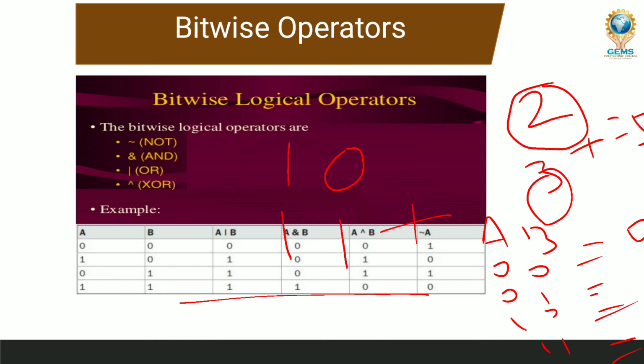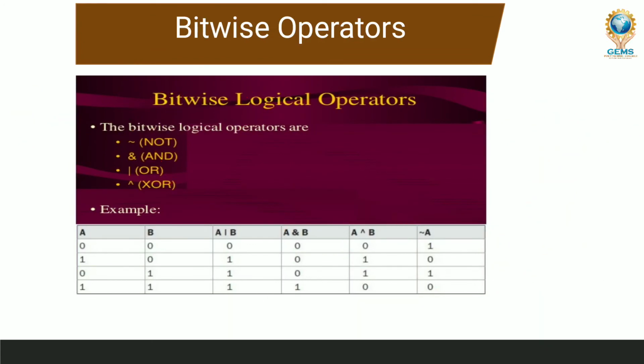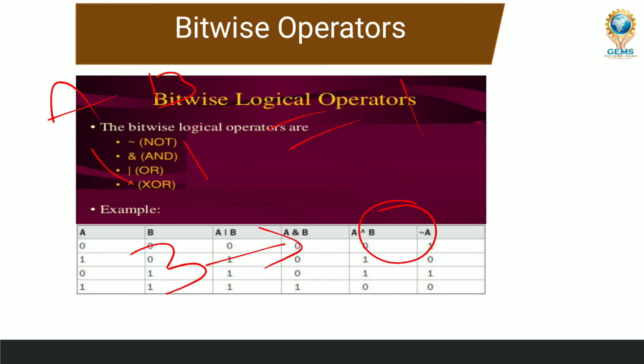That means only when A and B are both 1, the output will be 1. In the remaining 3 cases, the answer is 0.